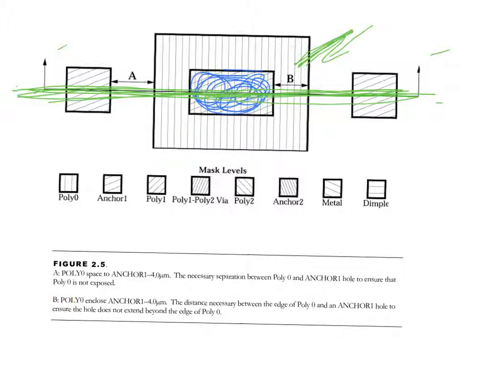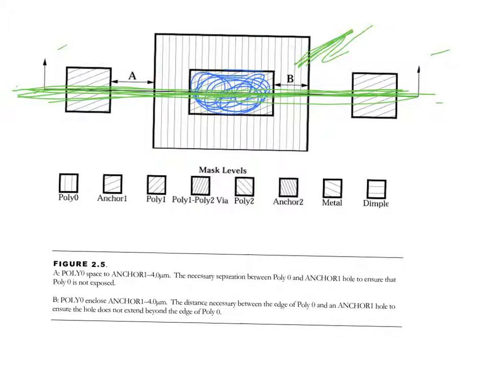It says poly 0 space to anchor 4 microns. So A, here is A. So this is poly 0. Okay. And this is an anchor 1. So you can't put an anchor closer than 4 microns to poly 0, or you have to put it totally on top of poly 0 and have B as the tolerance.